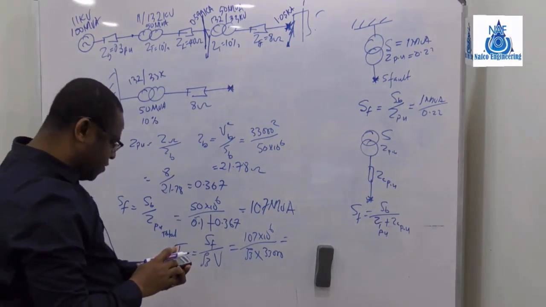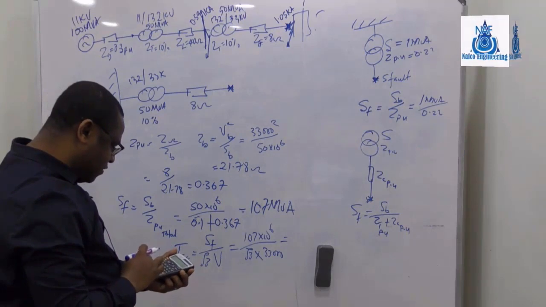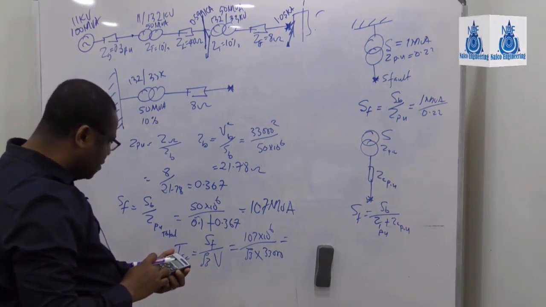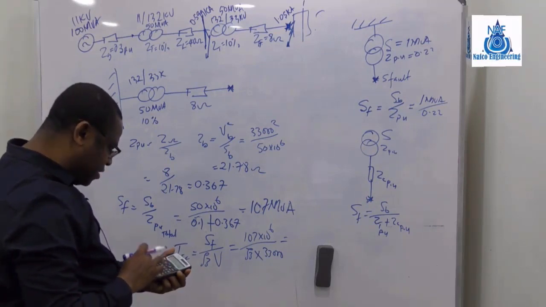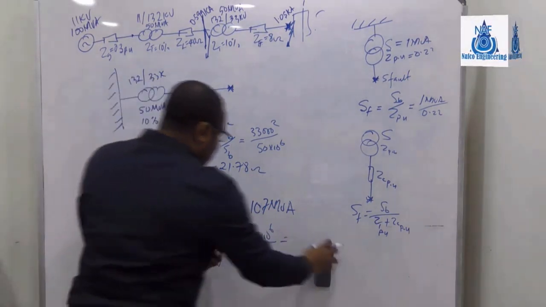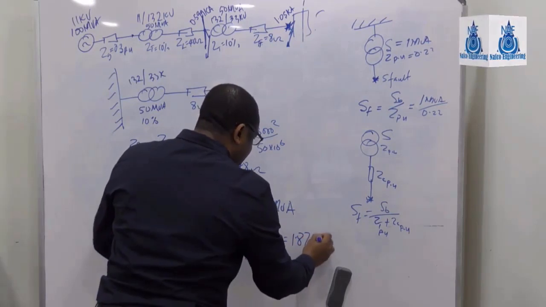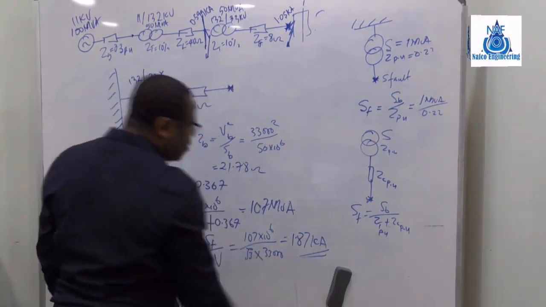So I have 107 exponent 6 divided by root 3 divided by 33,000, and I have 1.87 kilo amps.